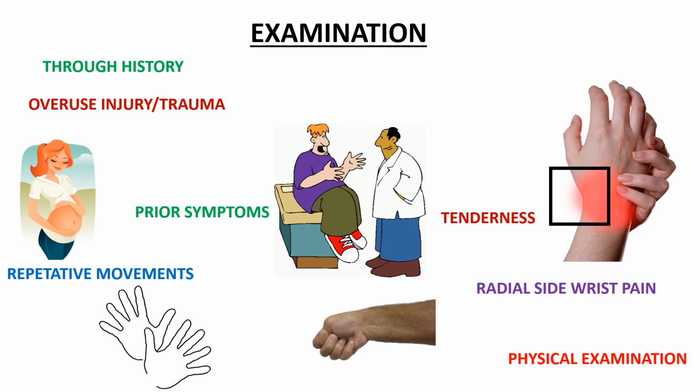Patients with De Quervain's tenosynovitis show a positive Finkelstein test. So how to do that test? The patient has to grasp the thumb and ulnarly deviate the hand, and during that time patients complain of sharp pain over the radial styloid process.